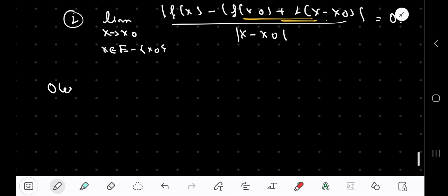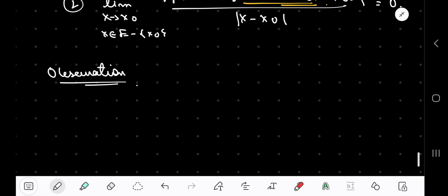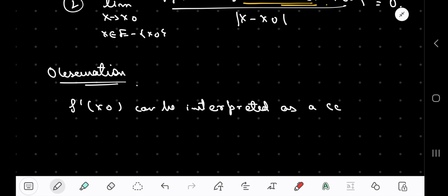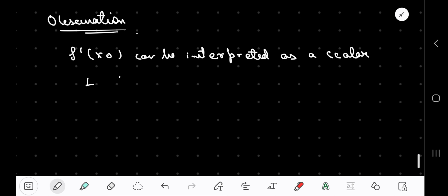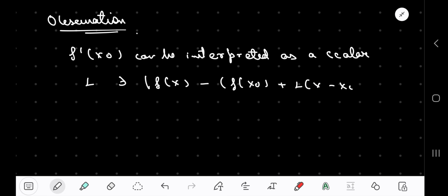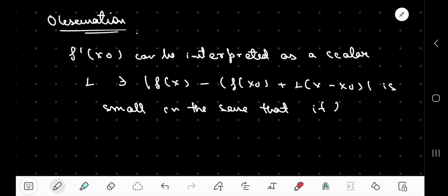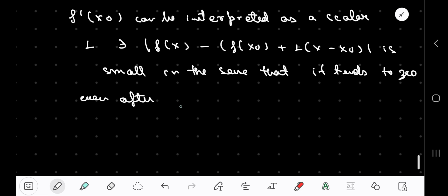Observation: this f prime of x naught can be interpreted as a scalar L such that the limit of f(x) minus f(x naught) plus L times (x minus x naught) is very small, small in the sense that it tends to 0 even after dividing it by a very small number.